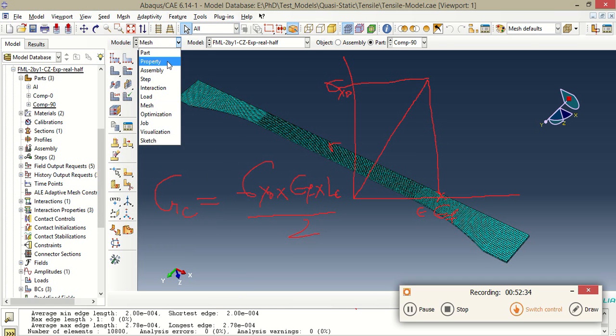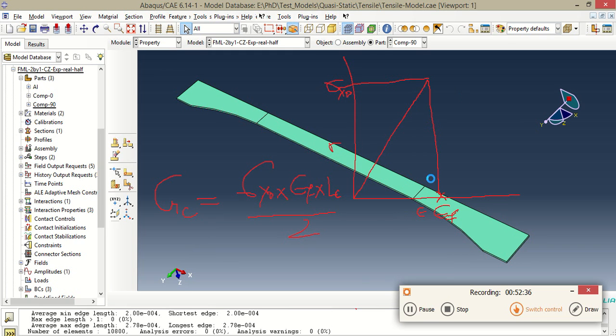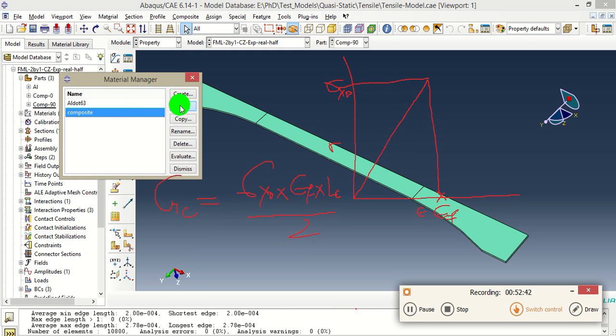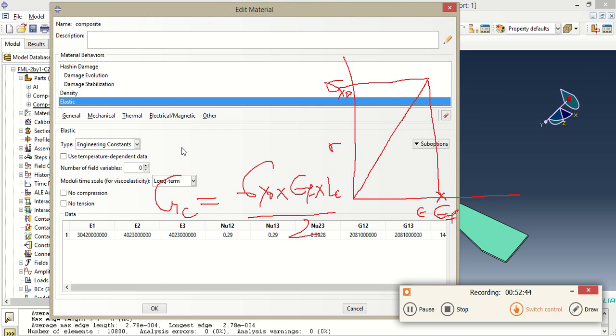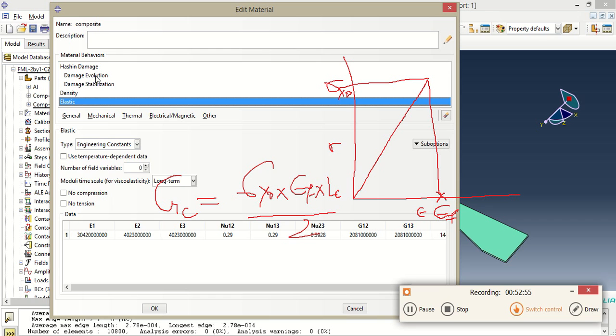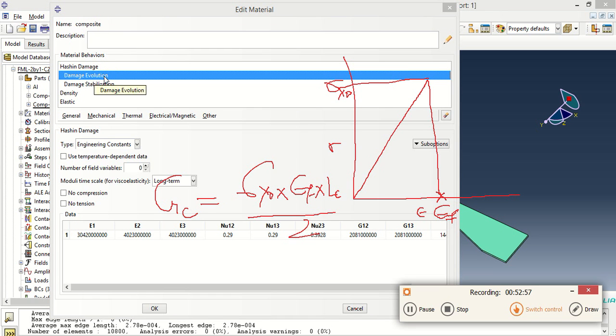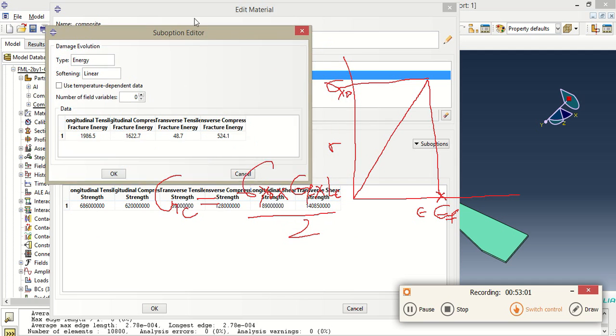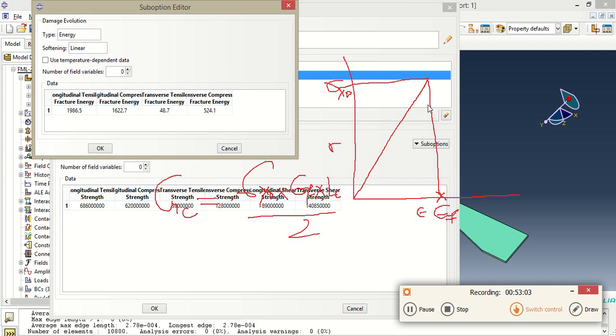So this is one of the methods I thought could be used to obtain the energy, because these energies are very difficult to obtain directly, since you need to do different tests. So in the case of composites, if you have the data for tension, compression, matrix tension, and matrix compression, then obtain the load displacement curve.